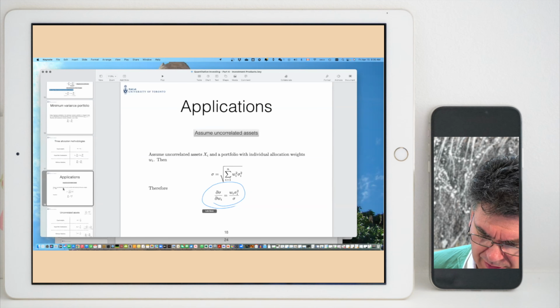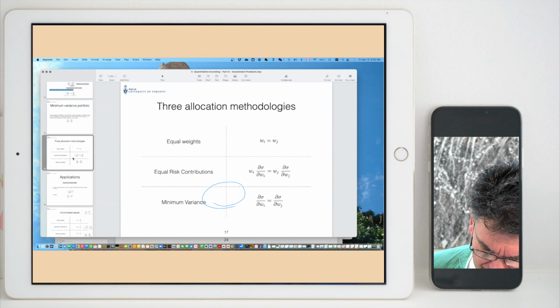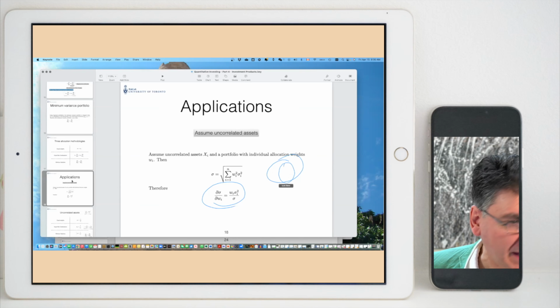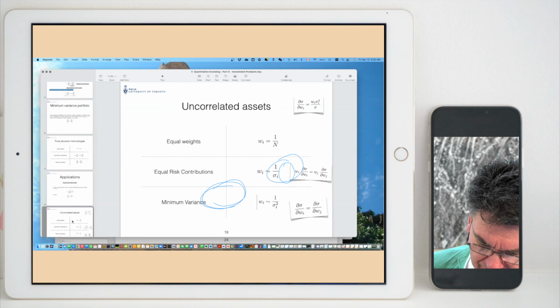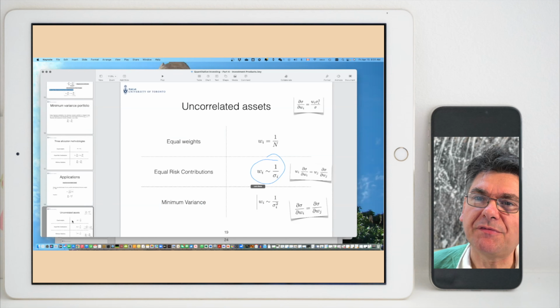Well, if I take that with that, look at this. If I plug in this value for what I have here, then the terms simplify, and this is exactly what I have. The weight is 1 divided by the standard deviation of that particular investment.